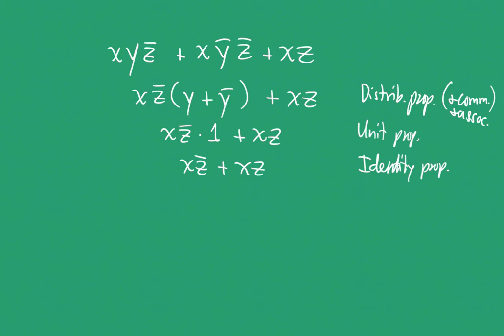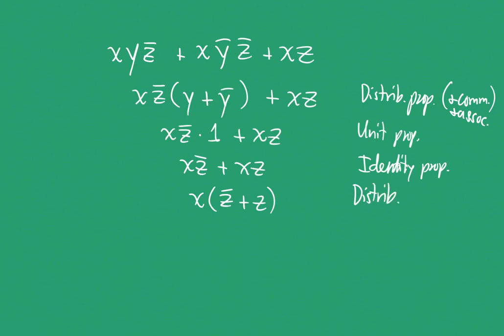And now, what else do we notice that's in common between these two terms that we have left? Well, we have x in common, which means we can factor that out using the distributive property. And so we have x times the quantity z bar plus z. In other words, x and not z or z. So this is distributive property.